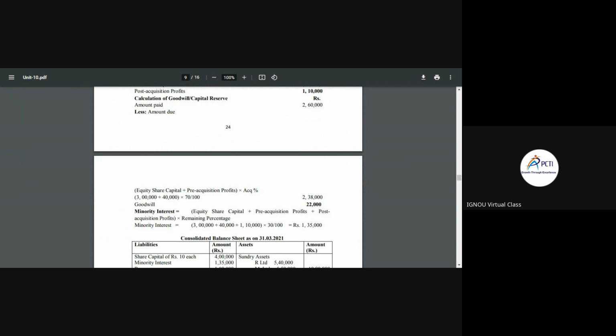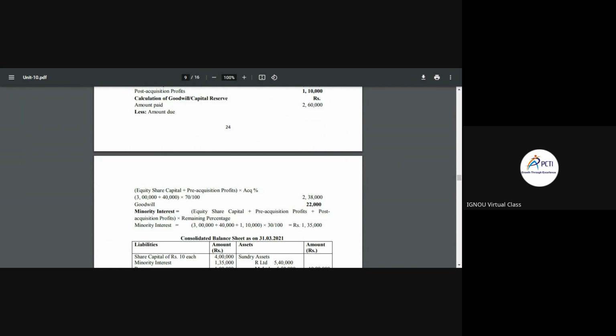So we add 3 lakh plus 40,000, then we multiply it by 70%. So we get the amount of rupees 2,38,000. And now we are in a positive balance, so it will be known as goodwill and not capital reserve. Next one is minority interest.